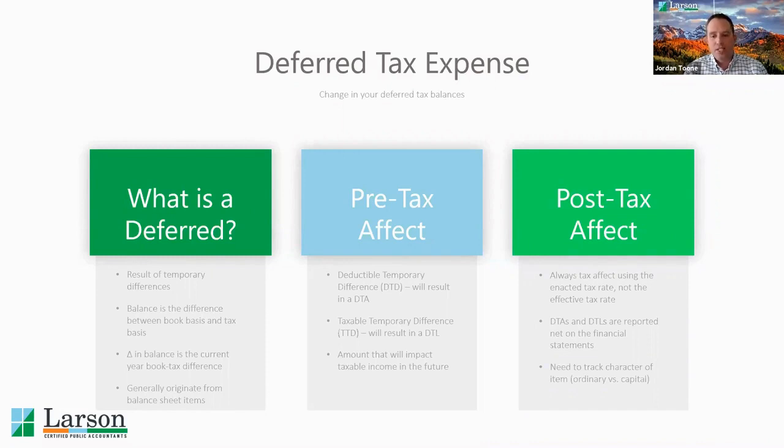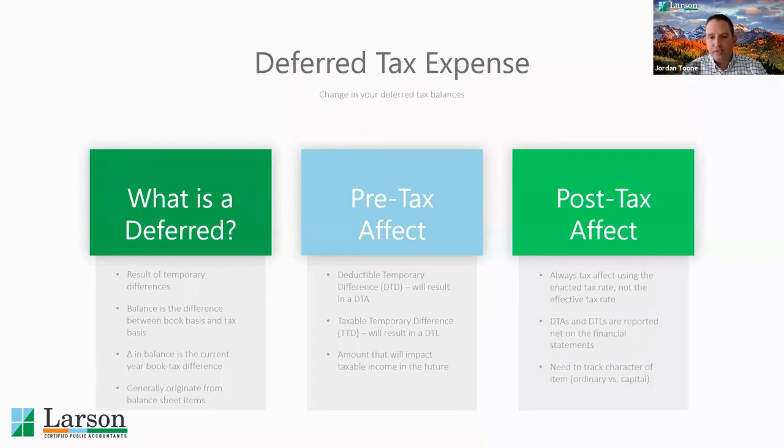The reason for this is all of these deferred items represent future year income and deductions that would have been applied under the 21% rate. And so just keep that in mind. If there are ever any changes with tax law and the enacted rate, that's what we use. We use the enacted rate regardless of what period it applies to.